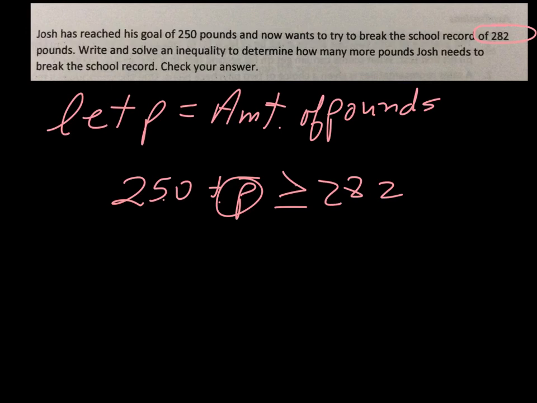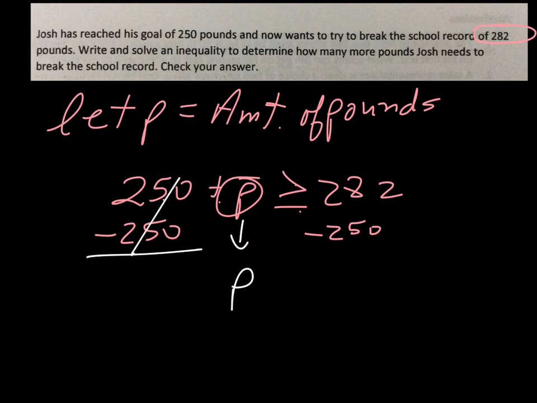It has to be greater than or equal to the 282. Well, I'm going to subtract 250 from both sides. And what's going to happen is this right here cancels out. Bring down your P, greater than or equal to, and 282 minus 250 is 32.